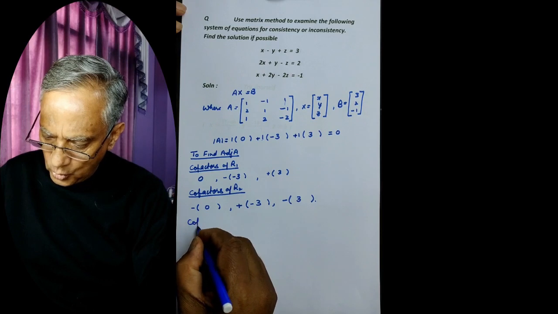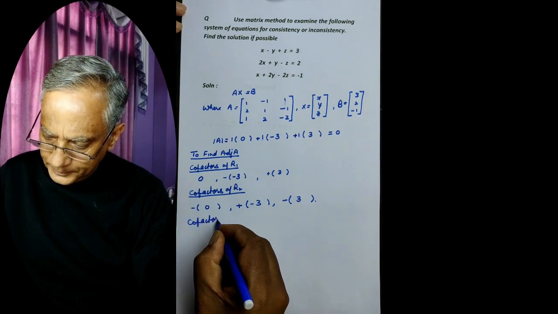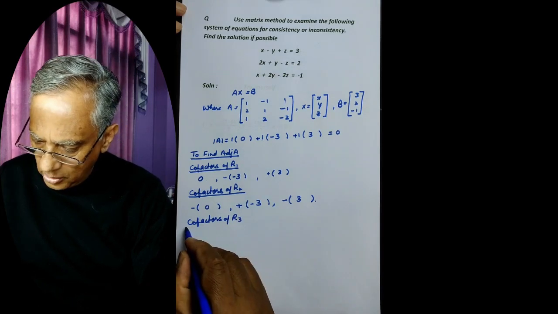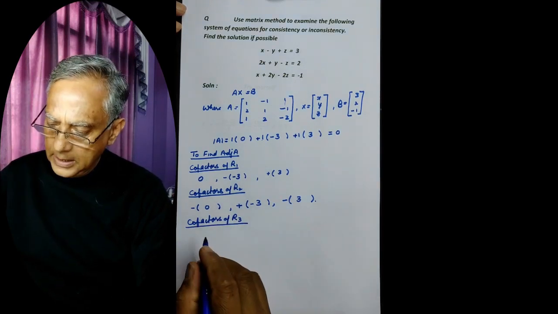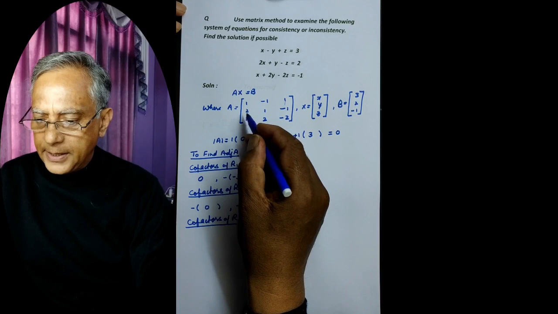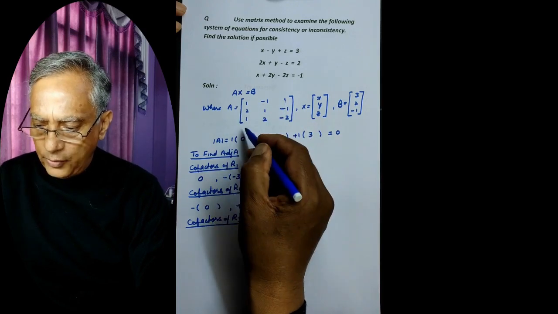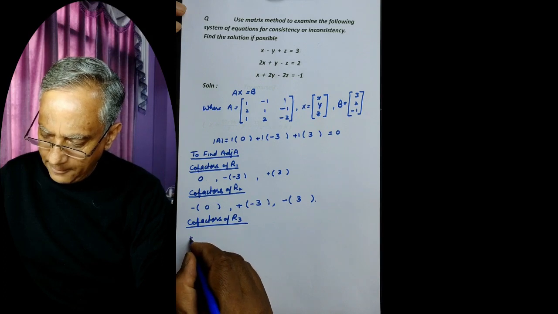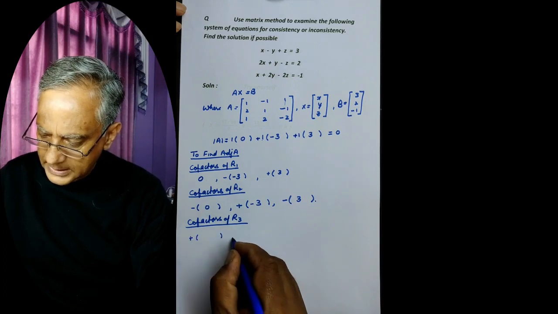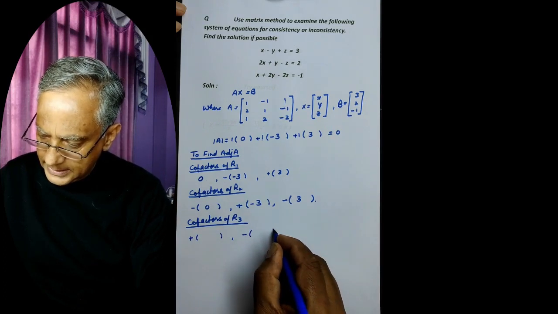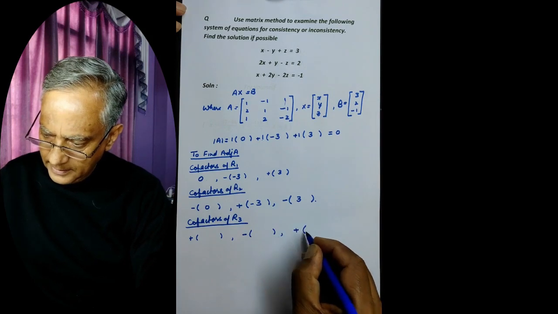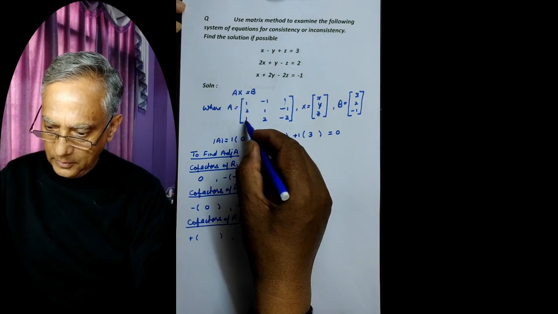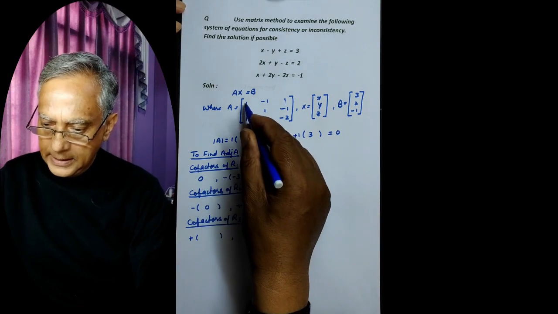Now we find cofactors of R3. Now place of this entry is 1, 2, 3. Third row, first column. So 3 plus 1 is even. So we will have plus. So this will be plus, next entry will be minus, and next will again be plus. So first entry of this row is this.